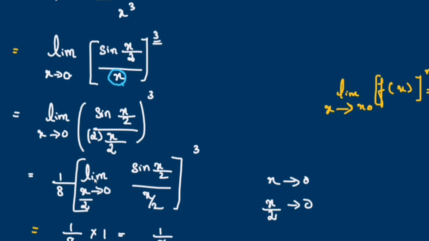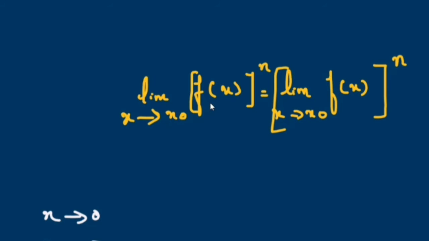So 1 by 8, limit x tends to 0. You can write if x tends to 0, then x by 2 also tends to 0. Sine x by 2 by x by 2, the whole cube.